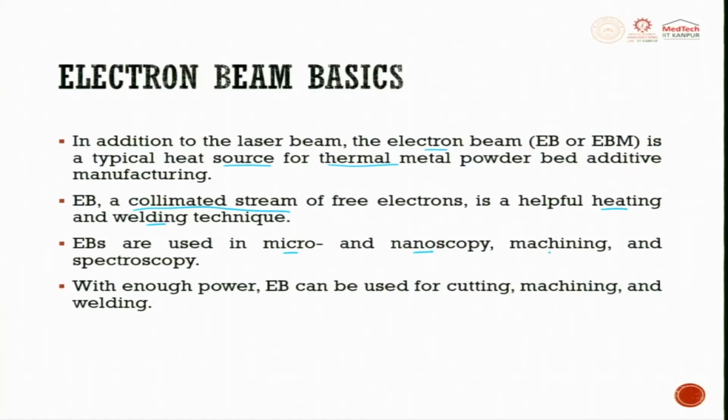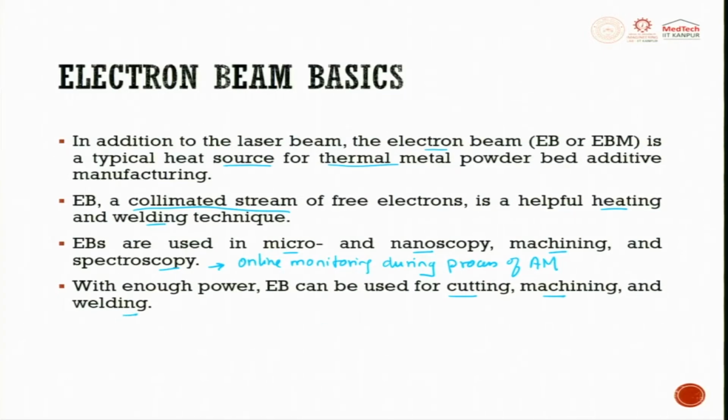It is used for machining, it is used for welding, and to a large extent it is also used for spectroscopic techniques today. These spectroscopic techniques are today used for online monitoring during the process of AM, additive manufacturing.